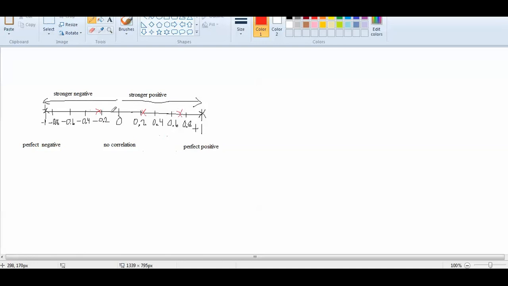And we said we would expect number of missed credit card payments and credit score to be a stronger negative correlation than units and free time. So it would be further out toward -1. So it might be out here somewhere.